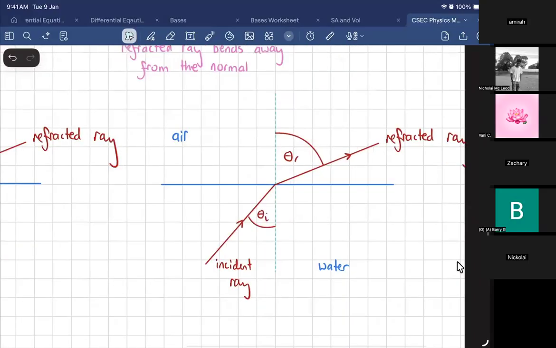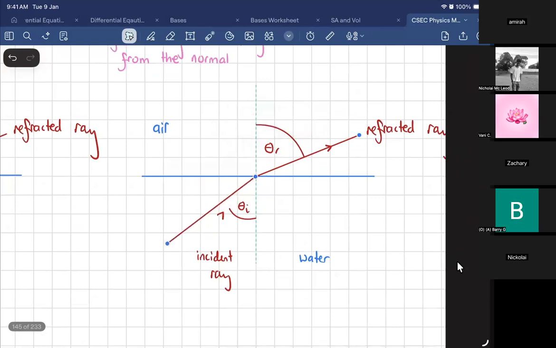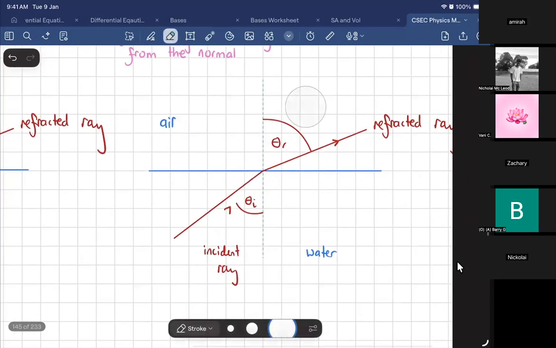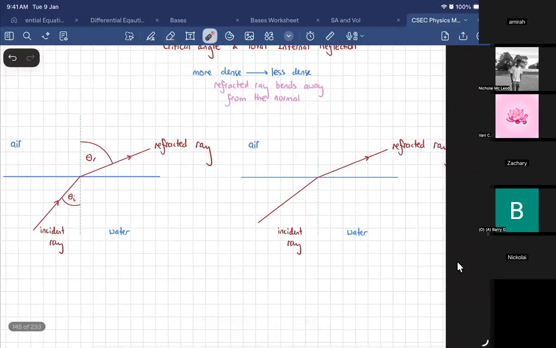I like how you're thinking. If we take the incident ray and pull it even more away from the normal, what's going to happen to the refracted ray? Is it going to get smaller or bigger?